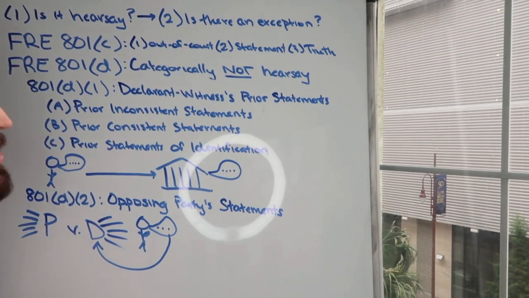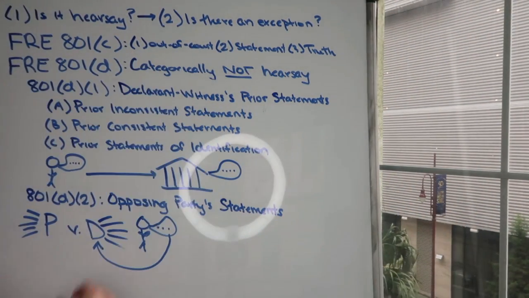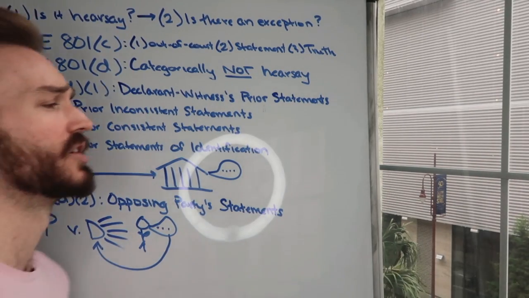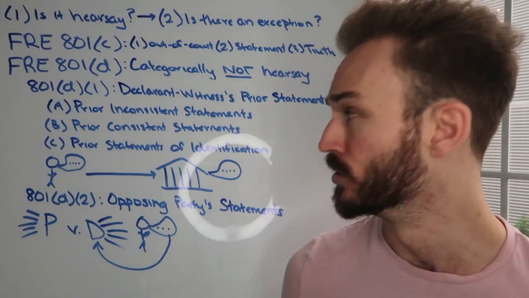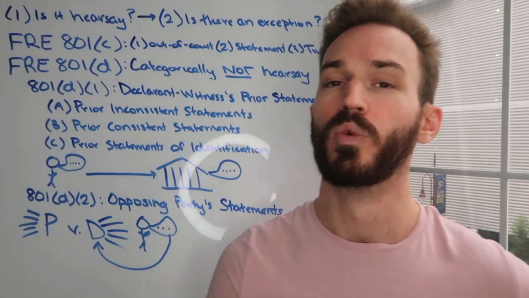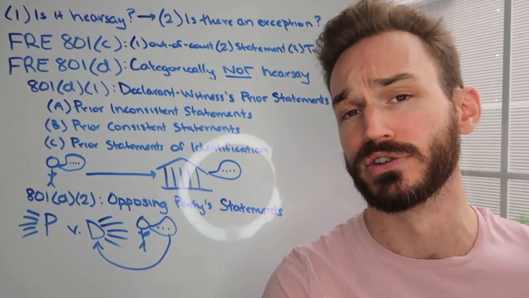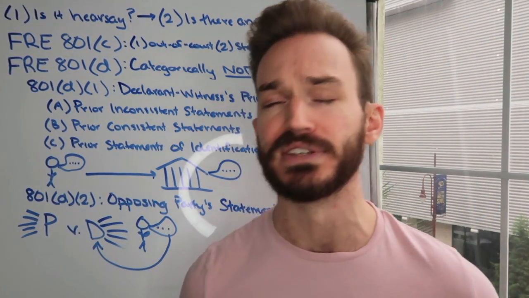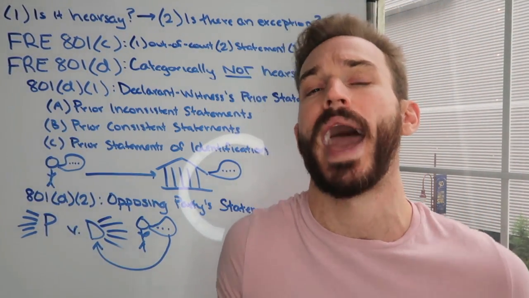All right, so that's all with 801(d)(2). The only thing left under 801(d), when we're talking about out-of-court statements that are categorically not hearsay, is going to be the situation where the declarant witness has made prior statements out of court. So if we think about the policy of hearsay as a whole, why do we have hearsay?